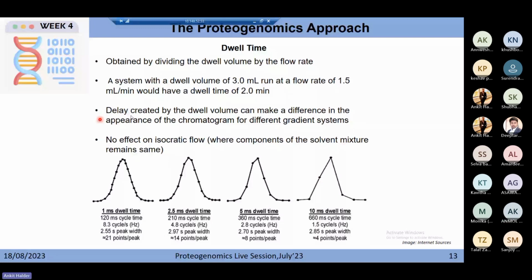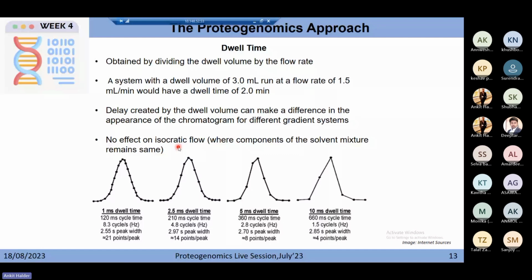The delay created by the dwell volume can make a difference for the different gradient systems that you make. That will have an effect through your dwell volume and dwell time, but it will not have any effect on your isocratic flow, that is, when your solvent composition is the same.